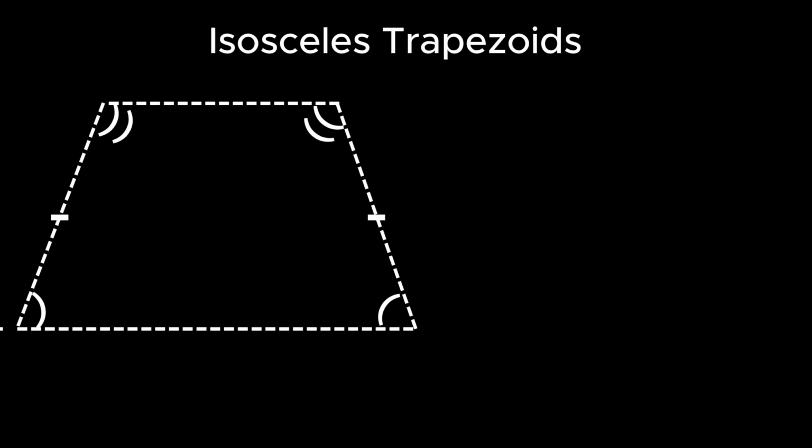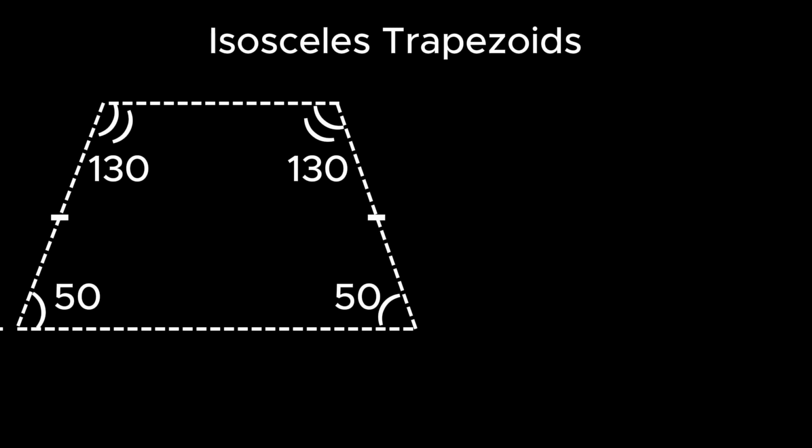So let's say the bottom base angles, both of them, were 50 degrees. That means both of the top angles must be 130, because we know that the bottom angle plus the top angle on one side has to add up to 180.